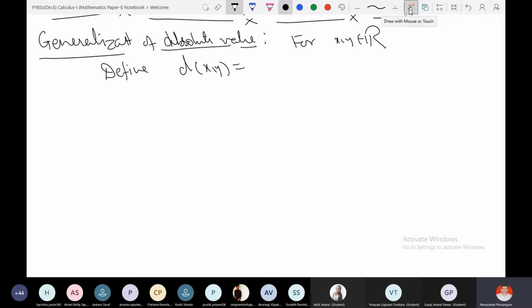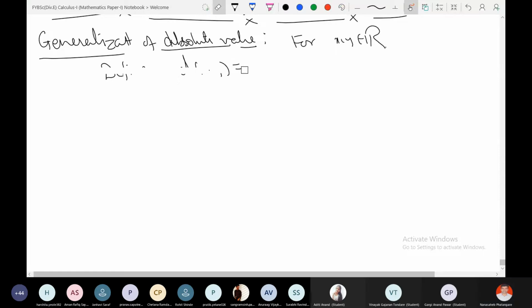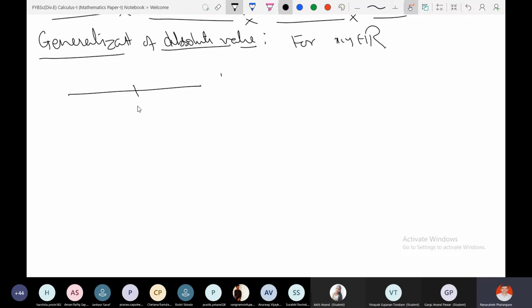Before that, what I should say, not d of x, y. For any two real numbers x and y, what is the difference between x and y? For x, y belonging to R, if you look at two real numbers x and y, then what is x minus y?